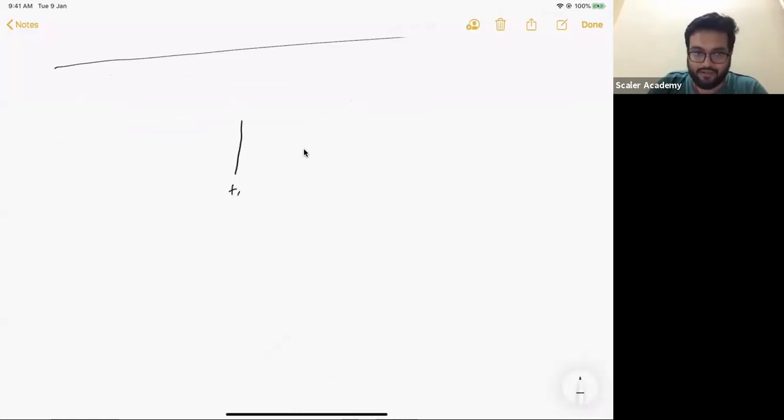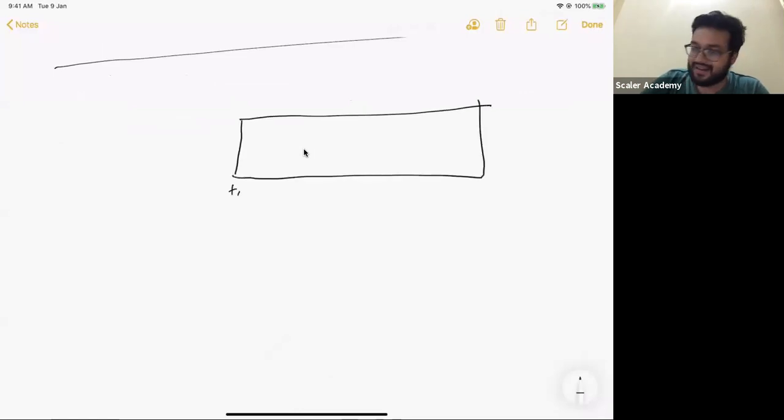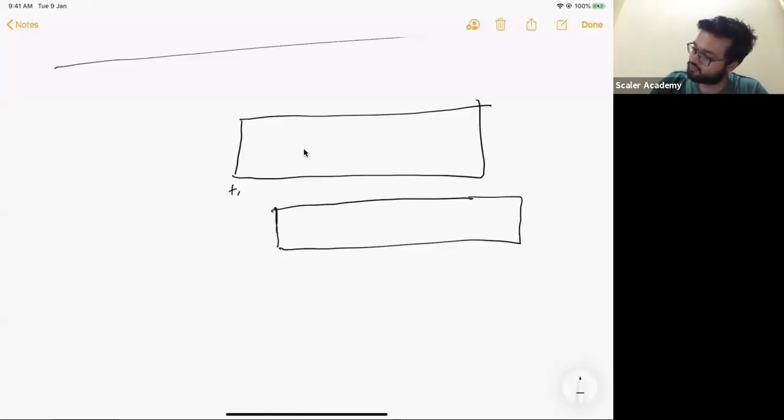I will use a diagram. So let's say the transaction for the first person started here, ended here. Let's say the transaction for the second person started here and ended here. Does that make sense, folks? Now, before the beginning of any transaction, let's say on call on that particular shift was equal to 2.